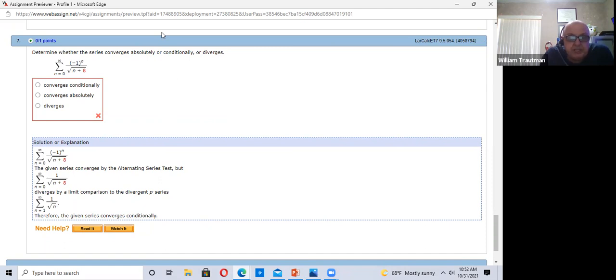And we could look at the same thing down here. I like to set it up like this: 1 over the square root of n plus 8, which if you do the comparison test, is 1 over the square root of n, which is the same thing as 1 over n to the 1/2.